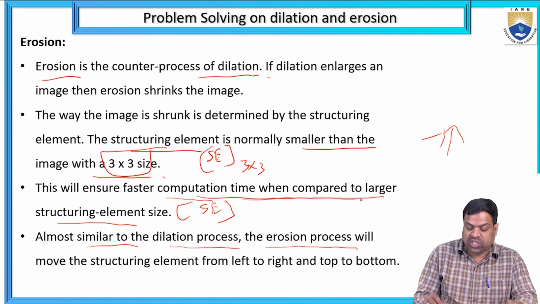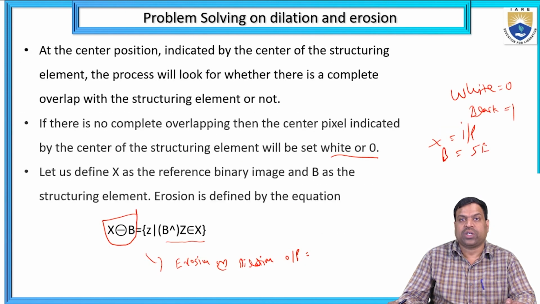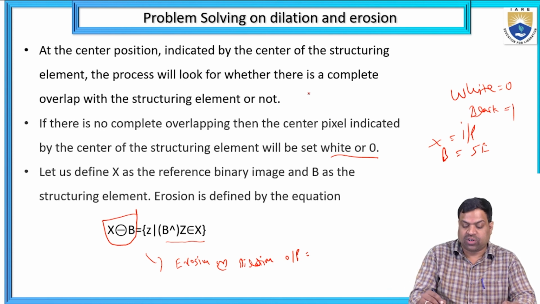So the computation time is less compared to a larger structuring element SE. Almost similar to the dilation process, the erosion process will move the structuring element from left to right and top to bottom. At the center position indicated by the center of the structuring element, the process will look for whether there is a complete overlap with the structuring element or not.